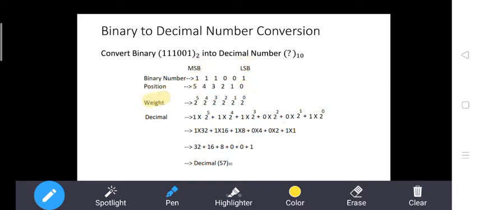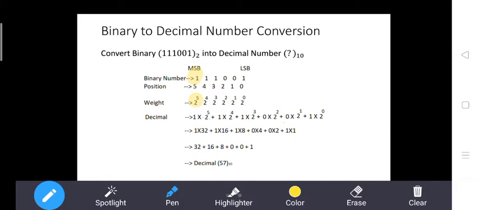Then we write the weight. Weight is nothing but 2 raised to the position. If you consider this 1, it has position 0, so the weight is 2 raised to 0. If you consider this one, it has position 5, so the weight is 2 raised to 5. So we write the respective weight.